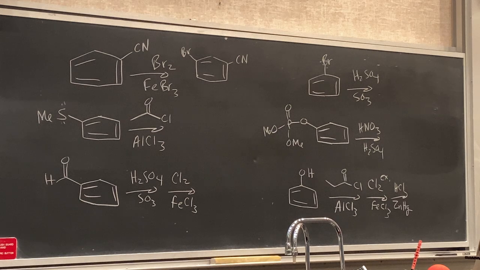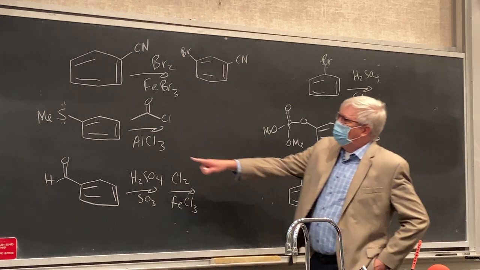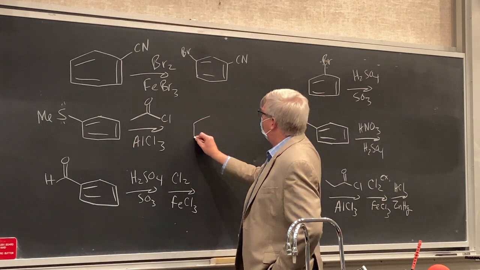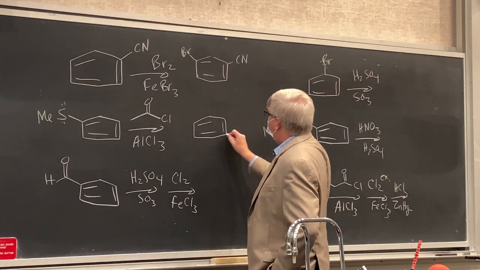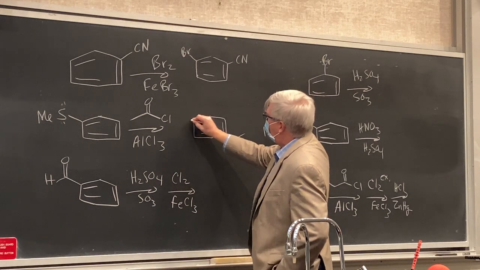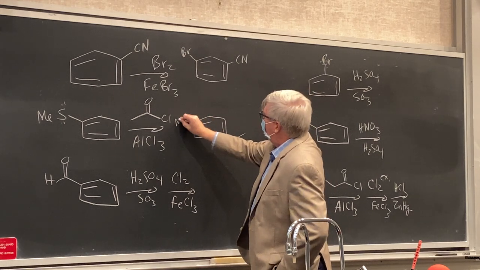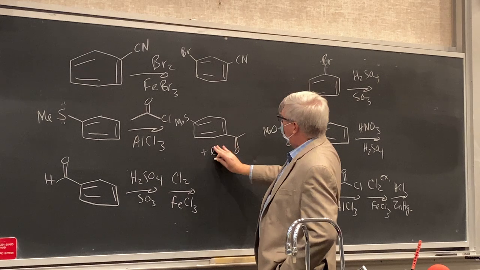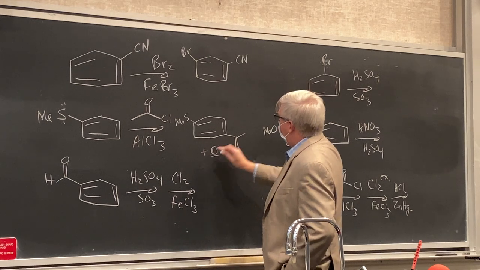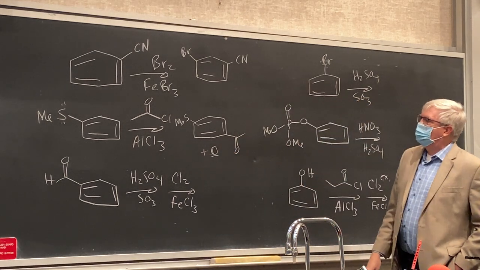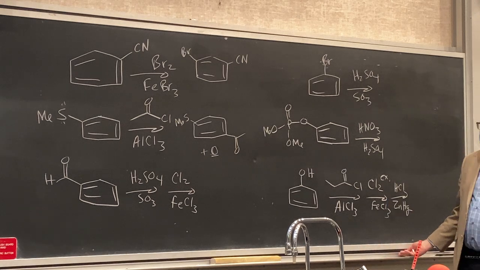Yeah, the lone pair is right on a heteroatom, just like oxygen and nitrogen. So we'd predict that this would be an ortho-para director. And we're doing Friedel-Crafts acylation there. So I think that plus ortho, if you want to draw ortho also, would be the correct answer for that one.